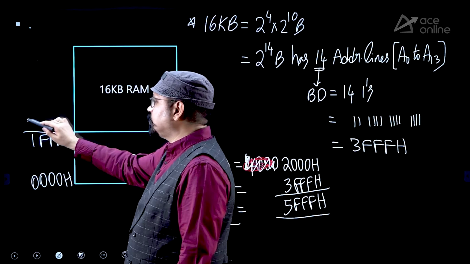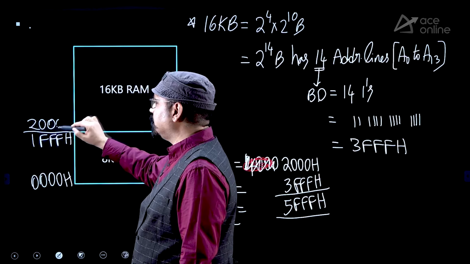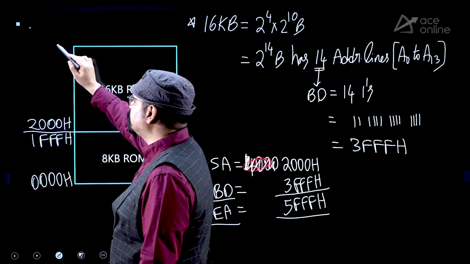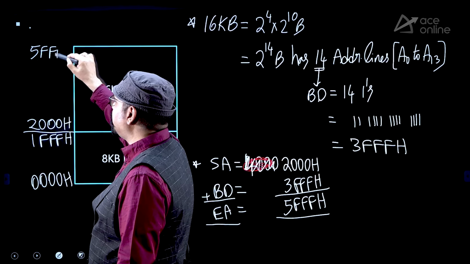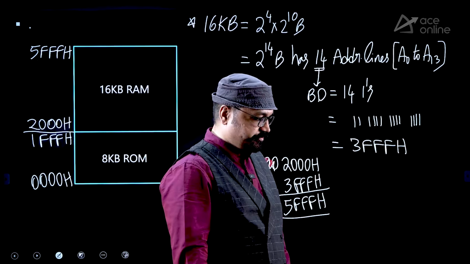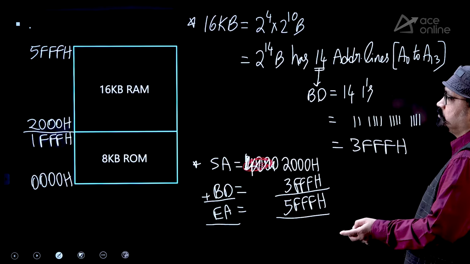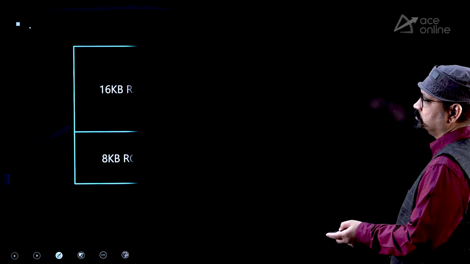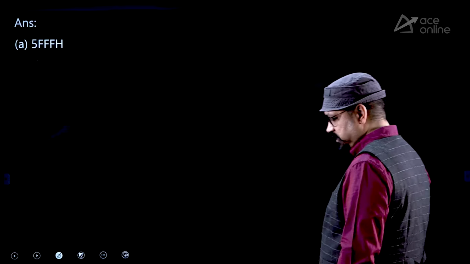This number is 2000. Because I had just calculated 3FFF, in a hurry I wrote 4000. That is wrong. 2000 plus the byte difference 3FFF means this is going to end at 5FFF hexa, the 16 KB RAM IC. That is the answer. 5FFF hexa. Option A is the answer.